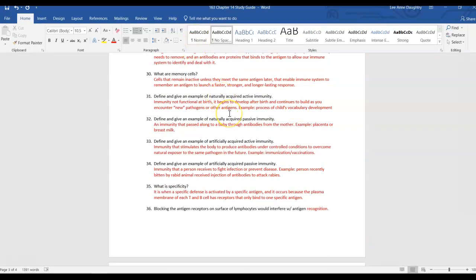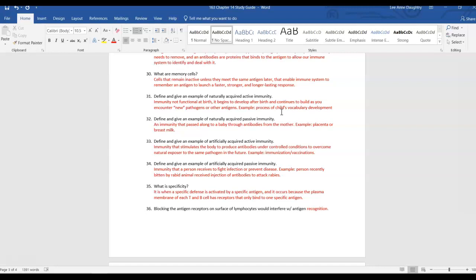All right, naturally acquired active immunity, immunity not functional at birth. It begins to develop after birth and continues to build. Okay, an example of naturally acquired active immunity is like if you're given a shot of antibodies, like if you have COVID and they give you an antibody shot.